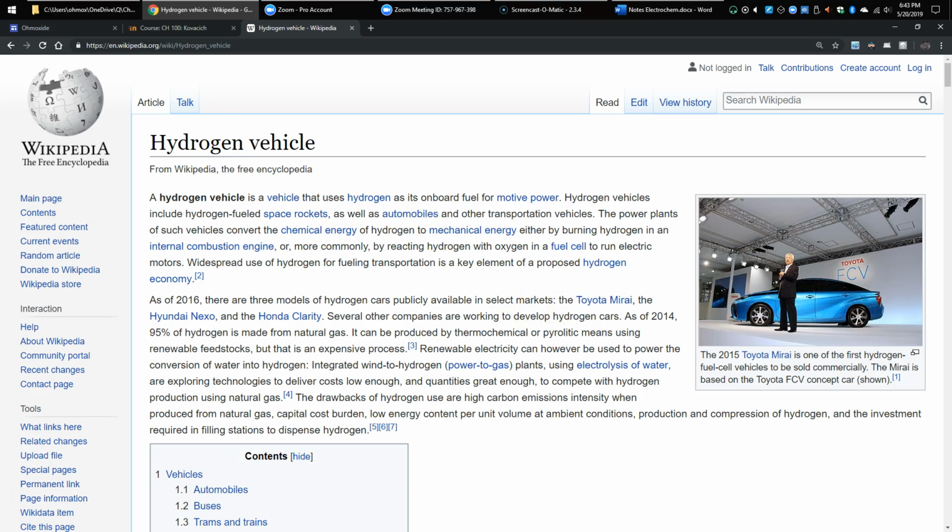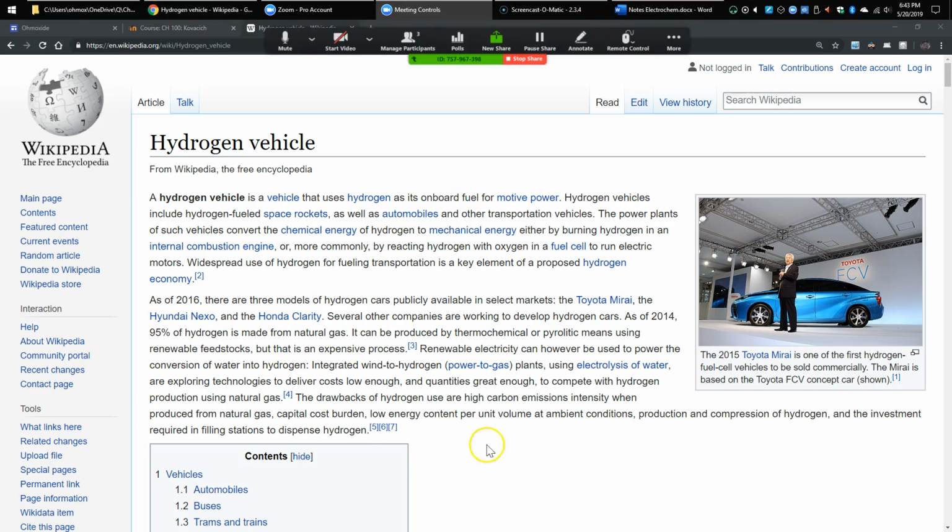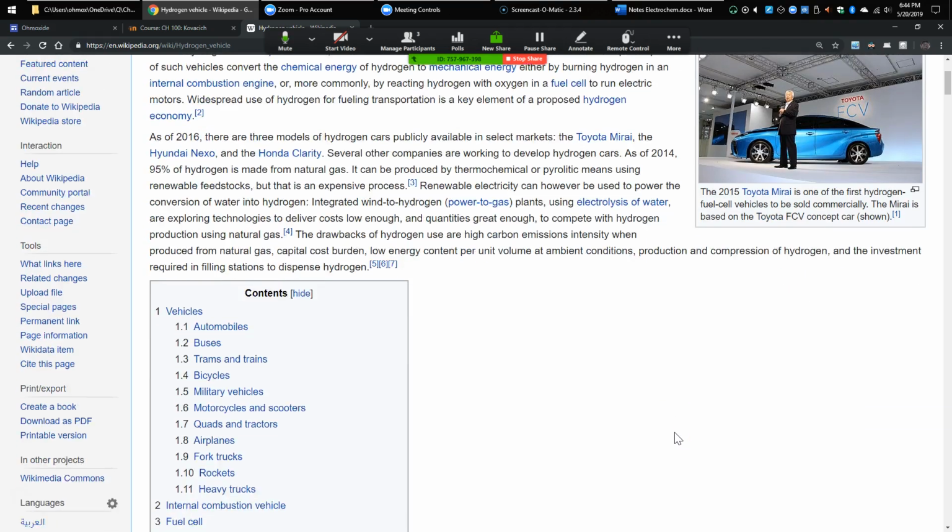So it looks like, can you see this wiki page? It's loading. There it is. So it looks like Toyota created a model in 2015 called the Mirai, and you would just pump hydrogen gas into it and then water vapor would come out of the back of the tailpipe.